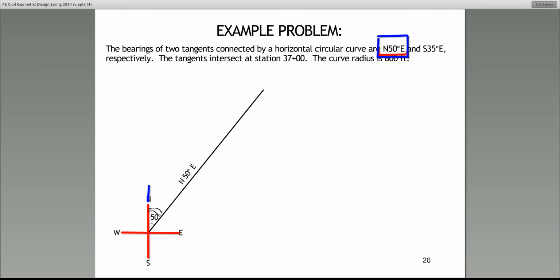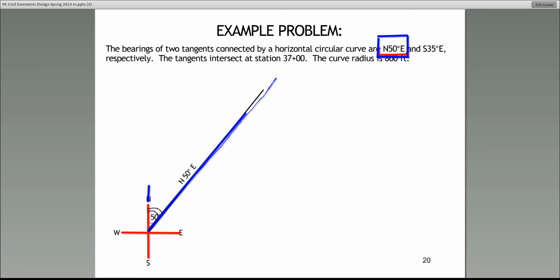And then once you do that, create the line. Does everybody follow? All right? So this is basically the line with the bearing of north 50 degrees east. These bearing angles are always between 0 and 90. In other words, they will always be in the same quadrant.